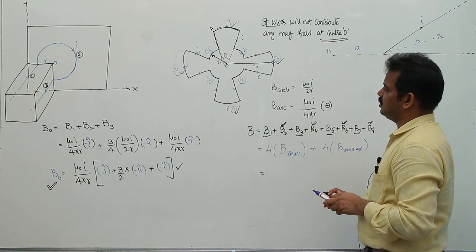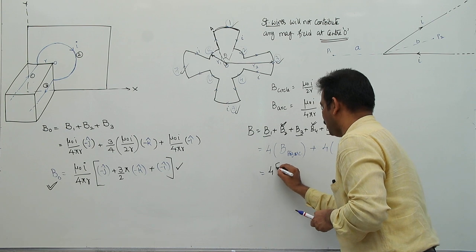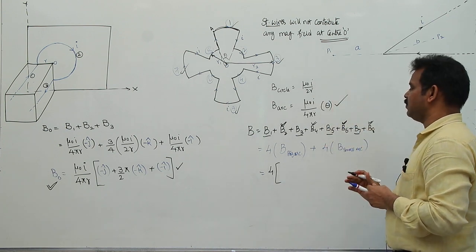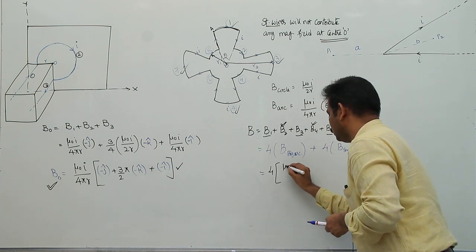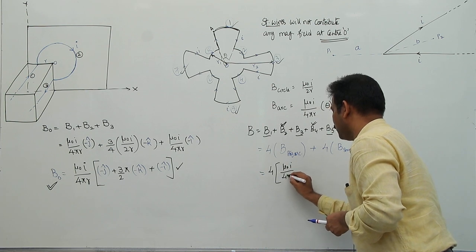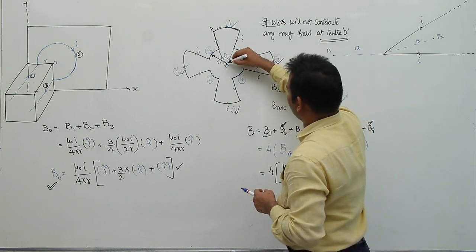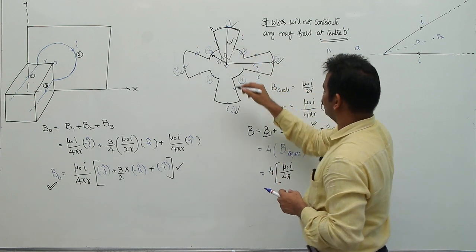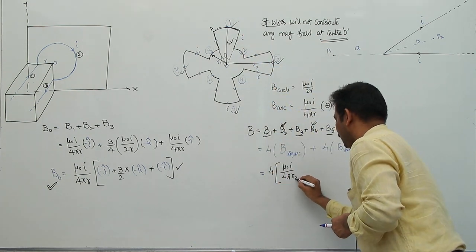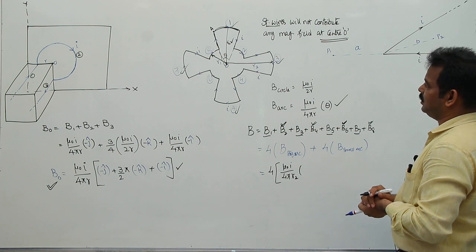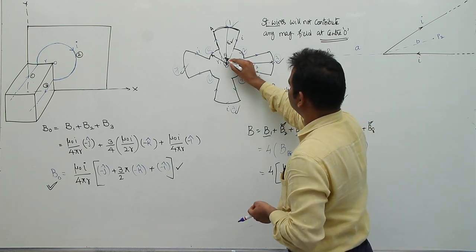So what is the magnetic field here? The magnetic field due to a big arc is given by the arc formula mu naught I by 4 pi r. So I am going to substitute mu naught I by 4 pi. The bigger arc has radius r2. So I am going to write this as r2 into, what is this angle? Here it is given as theta.